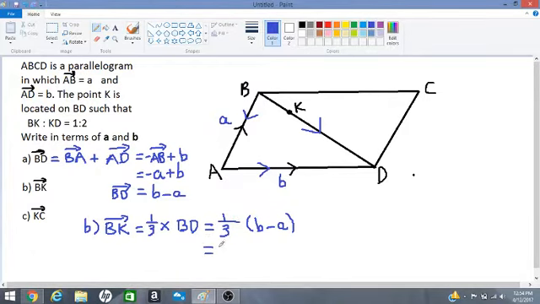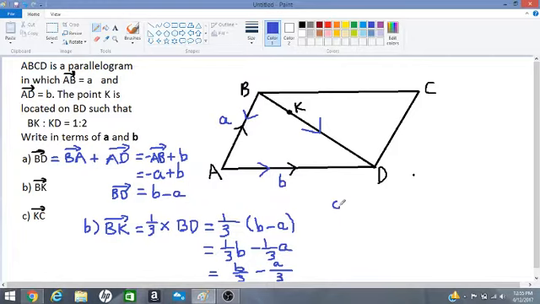So we get 1/3 times b is 1/3 b, and 1/3 times negative a is minus 1/3 a. This can also be written as b over 3 subtract a over 3. Okay, so that's it for part B.